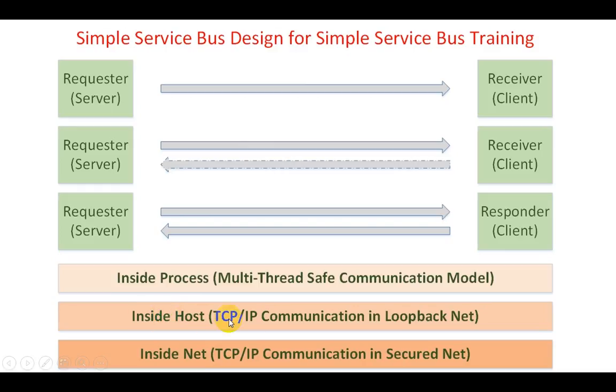And of course, you can communicate inside a host with TCP/IP, for example, over a non-loopback network or any separated network that is emulated on one host. And inside a network, of course, a secure network, because I don't want to put any security solutions into Simple Service Bus yet.